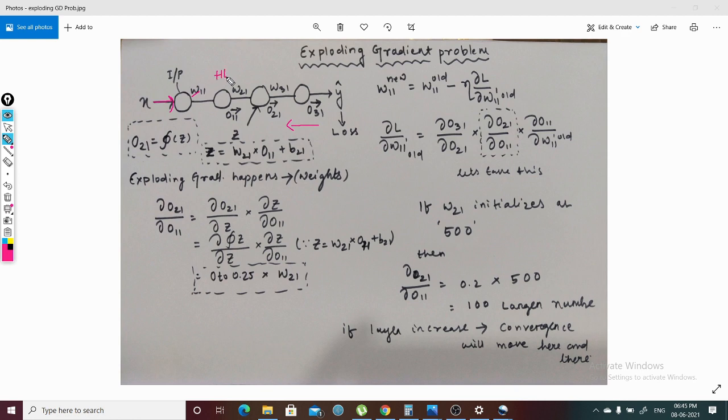Supposedly, we have taken the sigmoid activation function. This is a hidden layer, this is also a hidden layer, and this is the output layer. In all the layers, I have taken the sigmoid activation function.